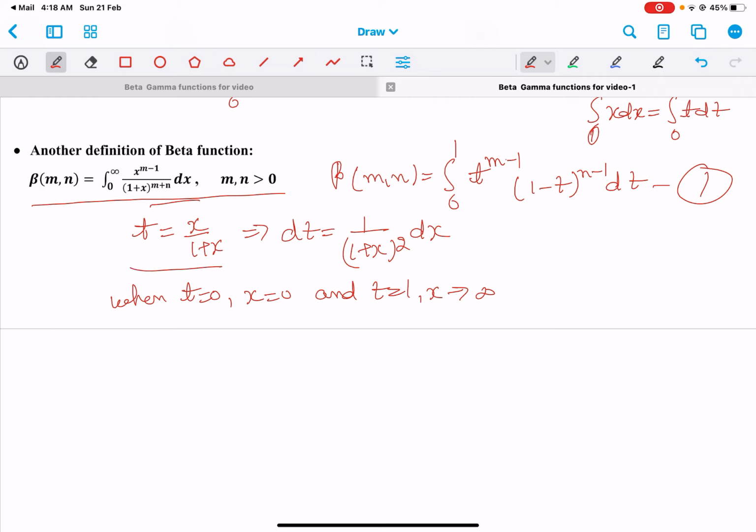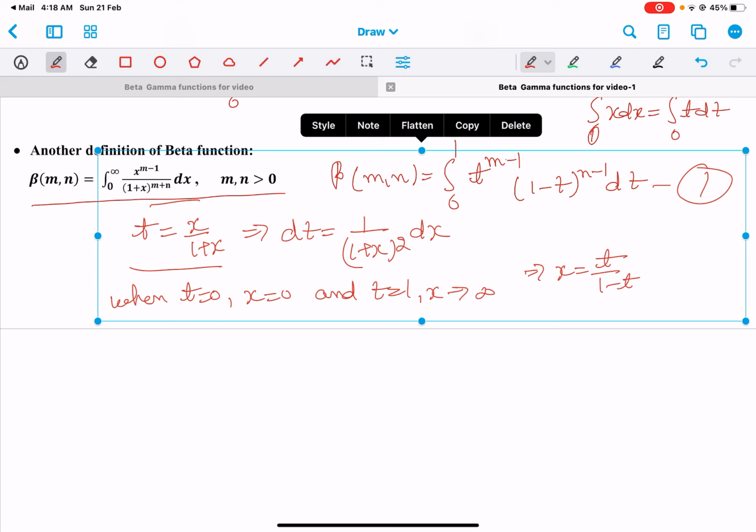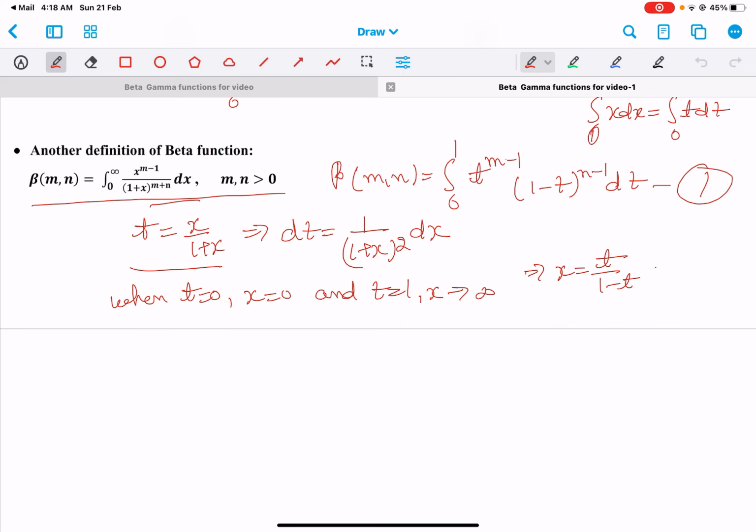Because t is given by this expression, which implies x equal to t upon 1 minus t. So when you put t equal to 1, you get an expression of the form 1 upon 0, which is infinity.